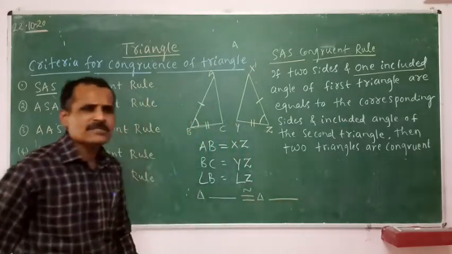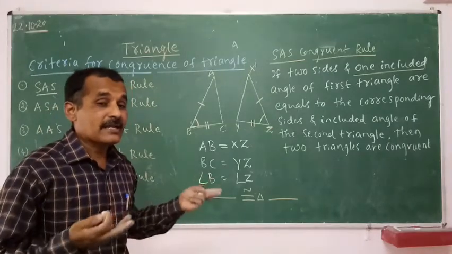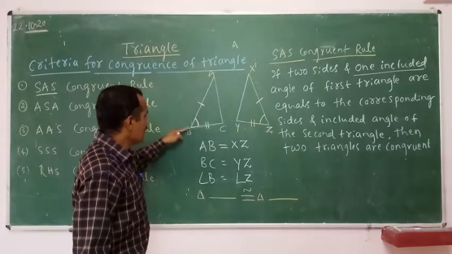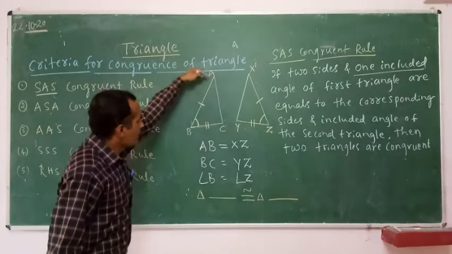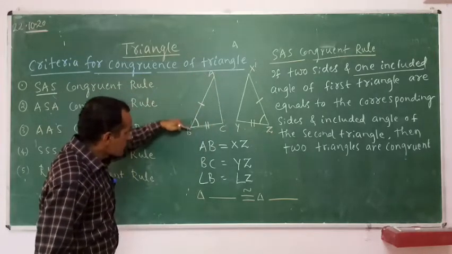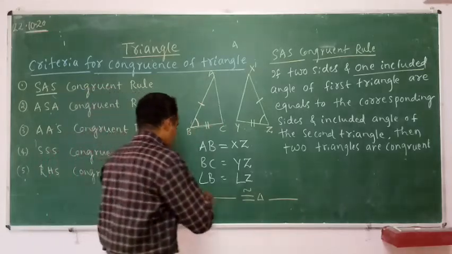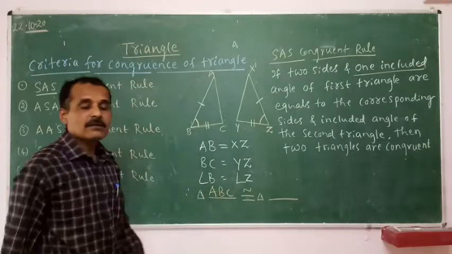Can you tell me the alphabets now? The first triangle I can write in any way. I can make it simple this time. A, B, C. I am going from single mark to double mark, A, B, C. I can write triangle ABC.